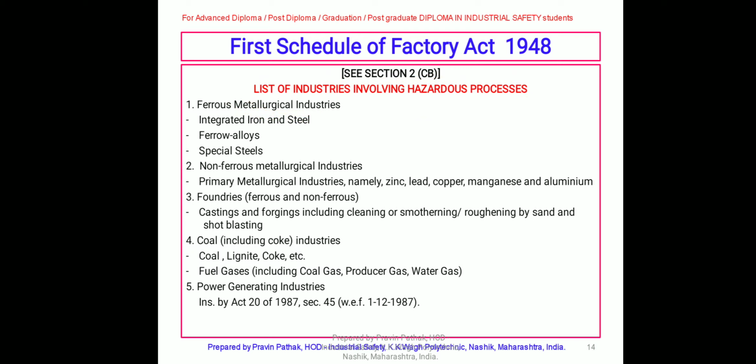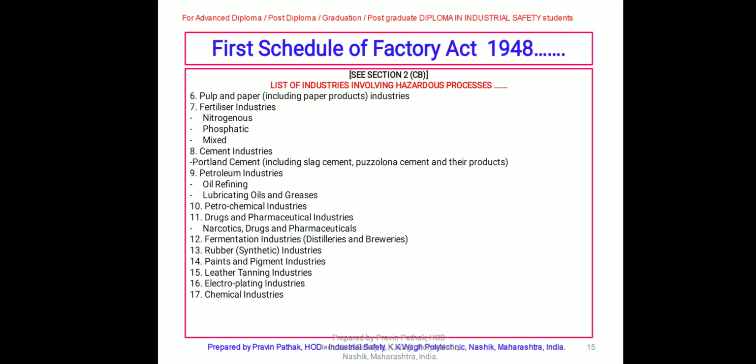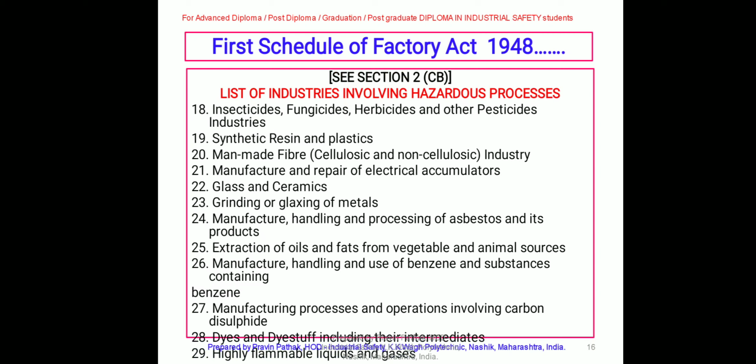For example, ferrous metallurgical industries, non-ferrous metallurgical industries, foundries, coal, power generating industries, pulp and paper, fertilizer, cement industry, petroleum industry, petrochemical industries, drug and pharmaceutical, fermentation, rubber, paint, pigment, leather tanning, electroplating, chemical industries, then insecticide, fungicide, synthetic resins, man-made fibers, manufacture and repair of electrical accumulators, glass and ceramics, grinding or glazing of metals, manufacturing, handling, processing of asbestos, extraction of oils and fats from vegetable and animal sources, manufacturing, handling of benzene, manufacturing process operation under carbon disulfide, dyes and dye stuff, highly flammable liquids and gases.